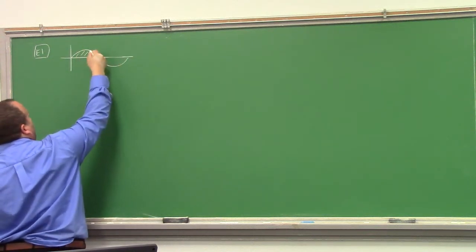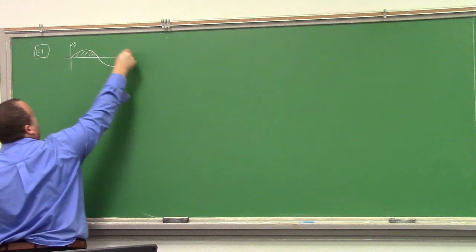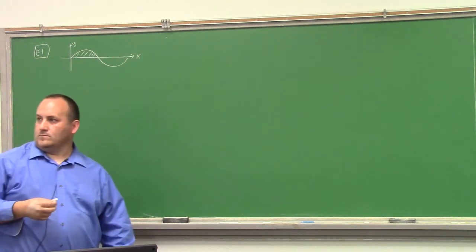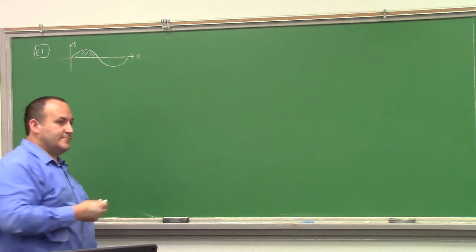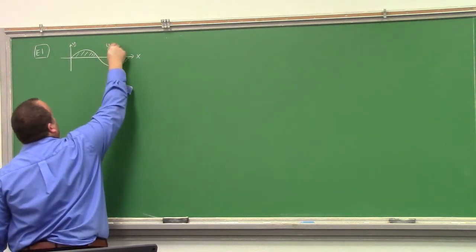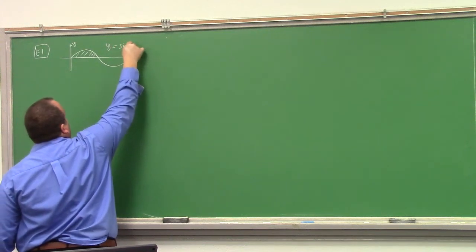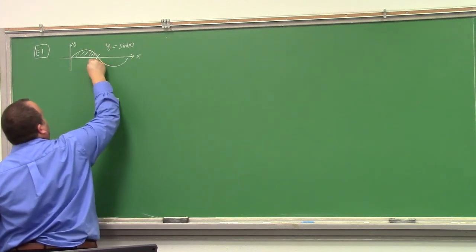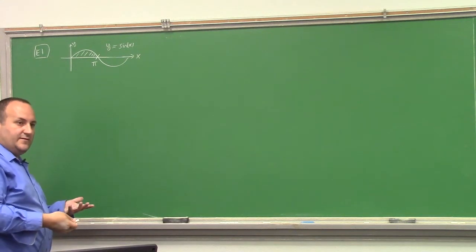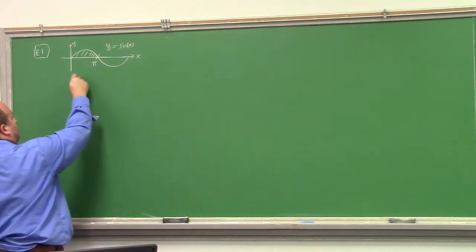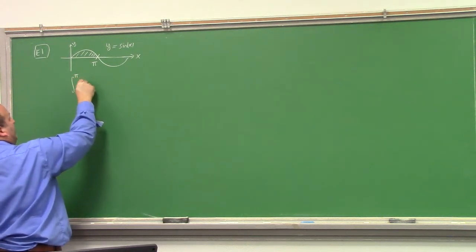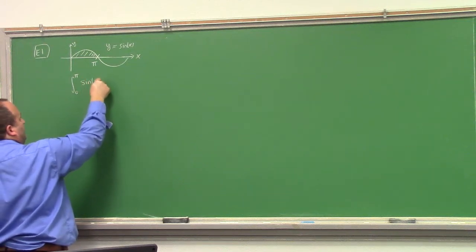What's this area? So this is pi, right? So how do we calculate the area? We use the definite integral, right? We need to calculate the integral from 0 to pi of sine of x dx.